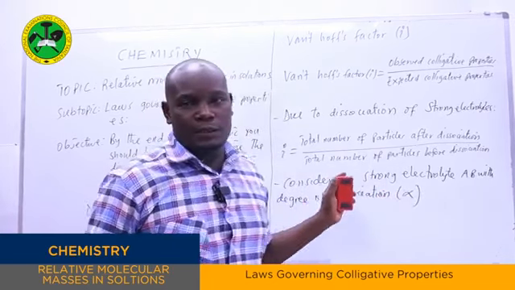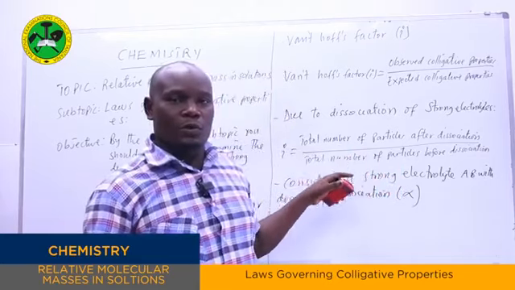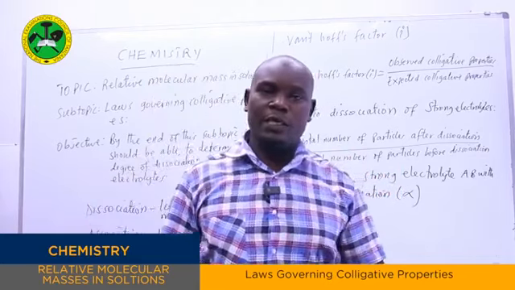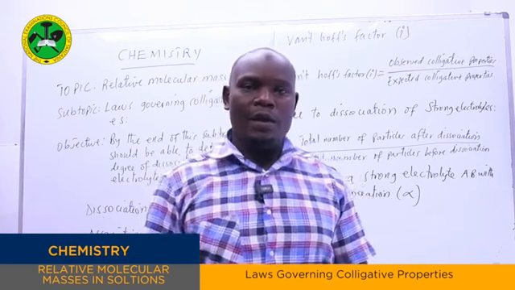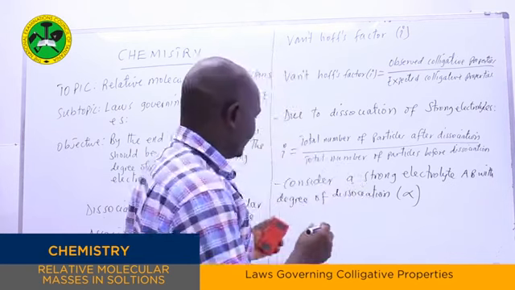Since AB is a strong electrolyte, it will dissociate to release A ions and B ions.